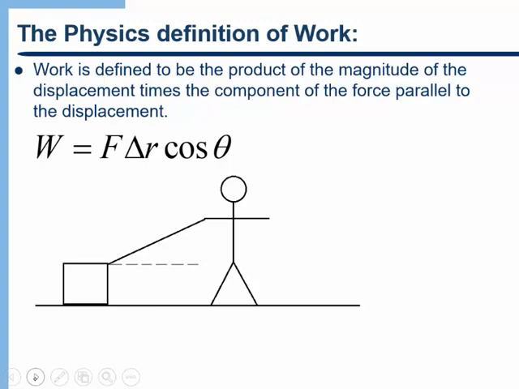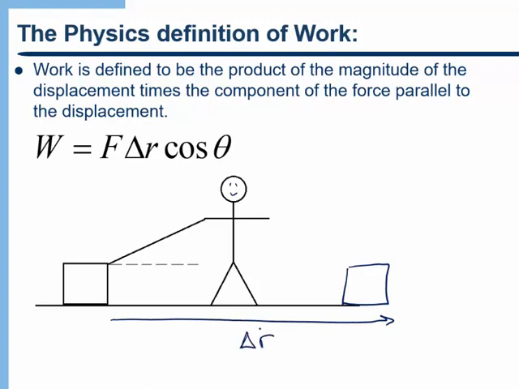Work is defined to be the product of the magnitude of the displacement times the component of the force parallel to the displacement. So let's take a look at our picture here. Let's say that our person drags this box over to this position. So in other words, the displacement, which we're going to use delta R for general displacement, the displacement delta R is to the right.